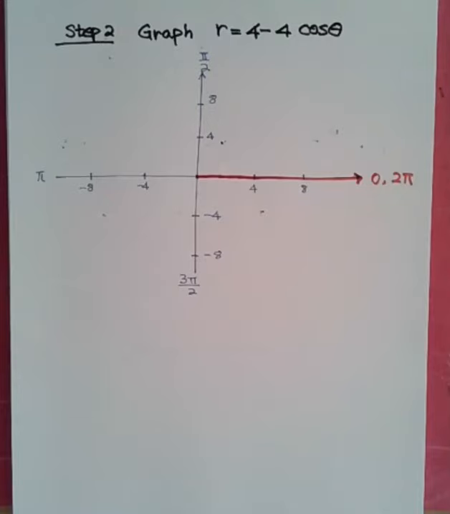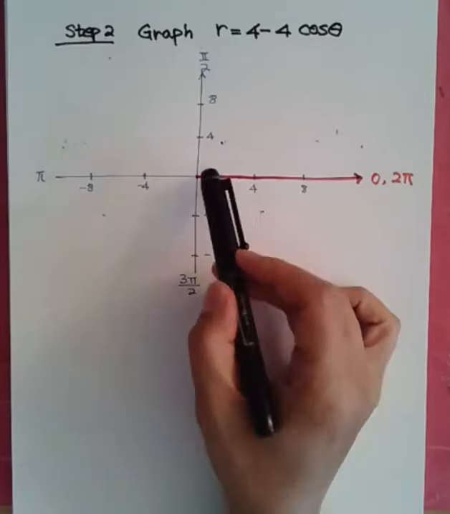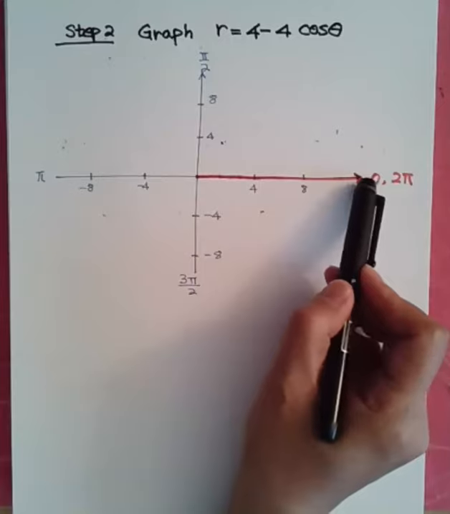To graph the polar equation r equals 4 minus 4 cosine of theta, I embedded the polar coordinate in the rectangular coordinate system. The positive x-axis is a polar axis.